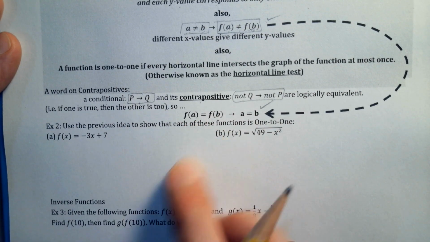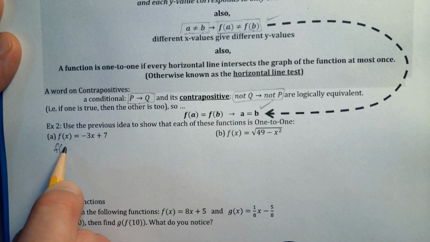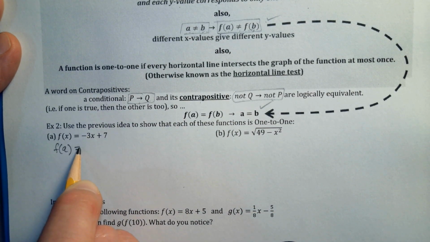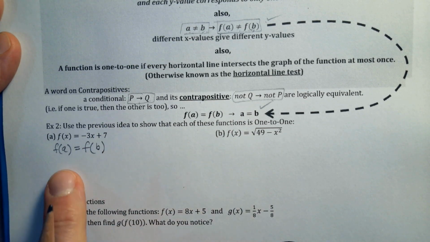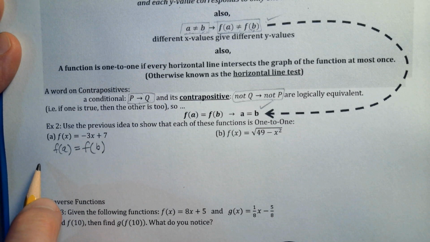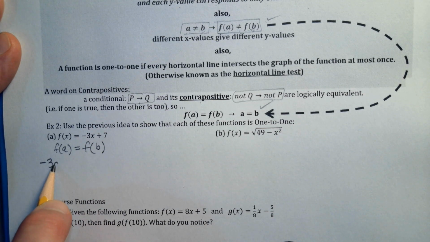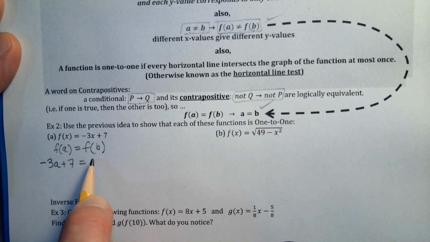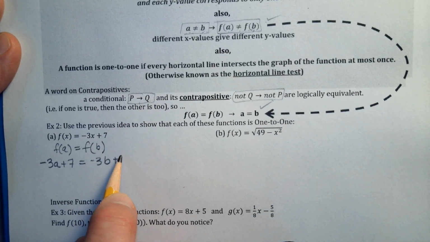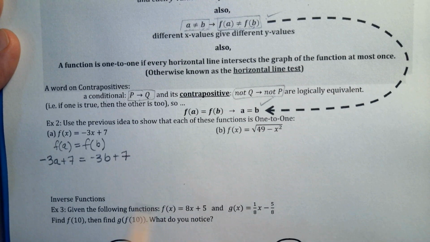F of A equals F of B. All right, so what is F of A in this situation? Negative 3A plus 7 equals negative 3B plus 7. And we do a little algebra.